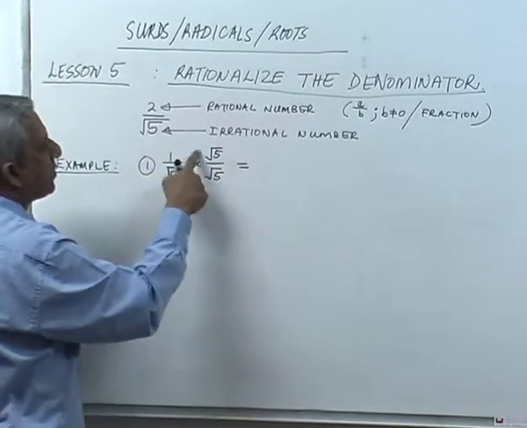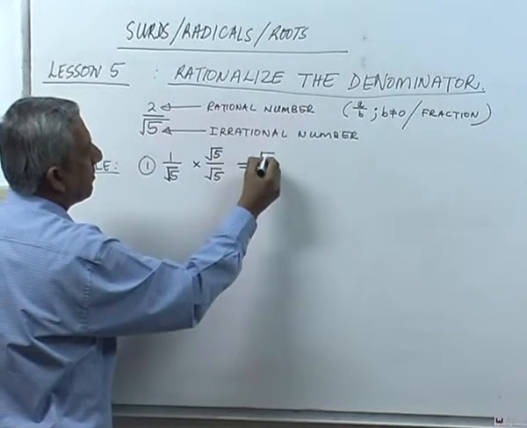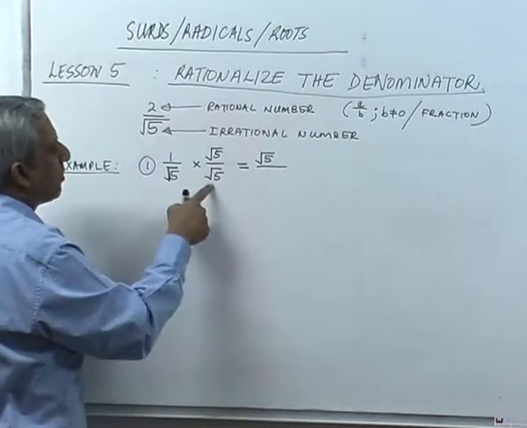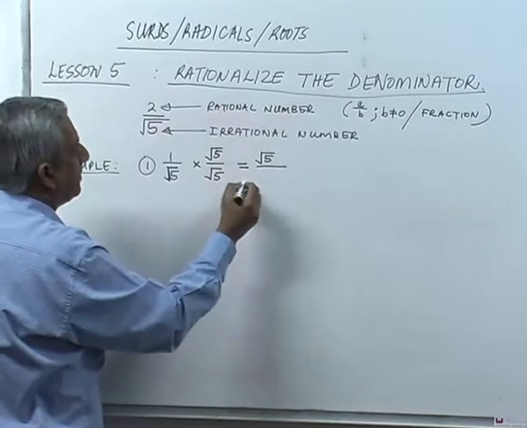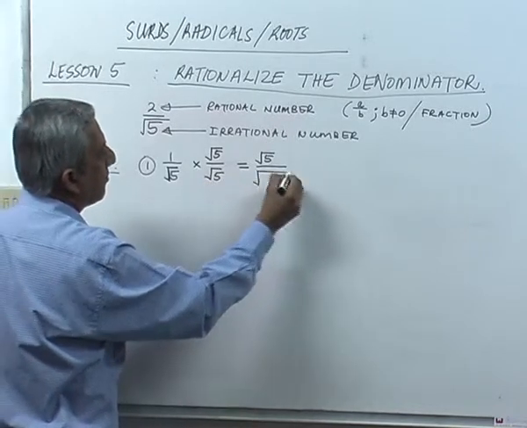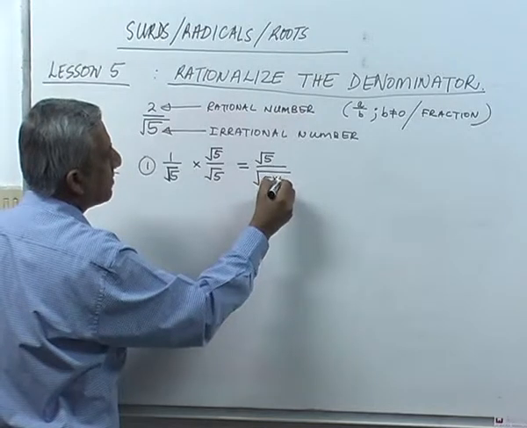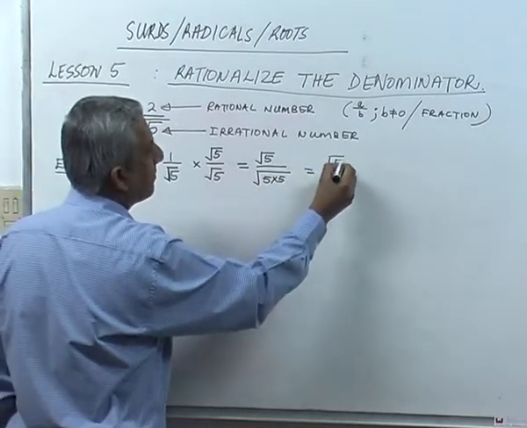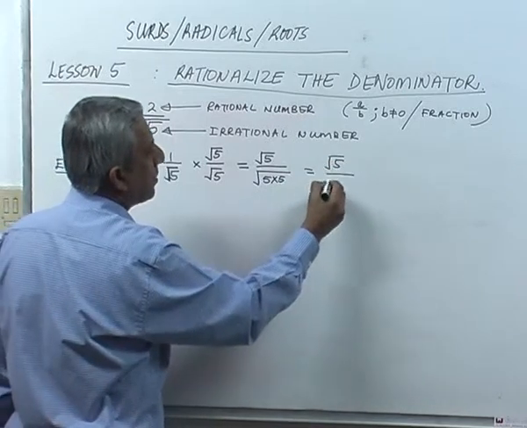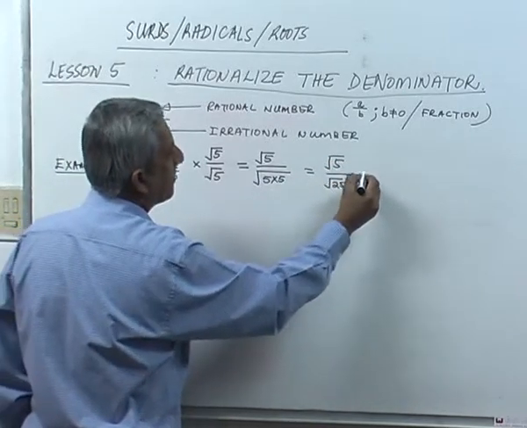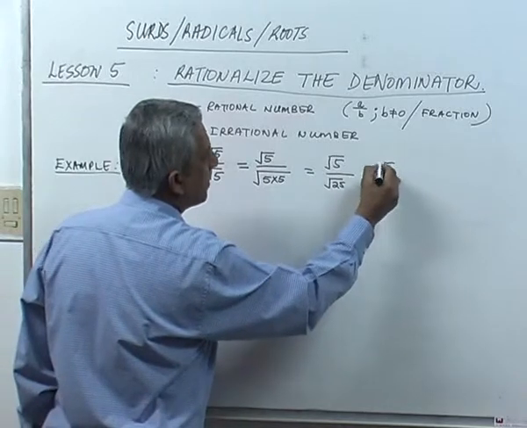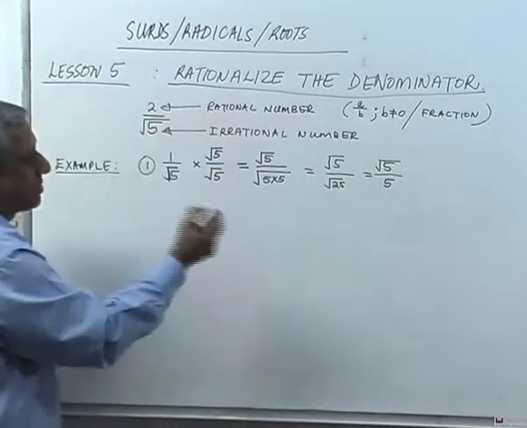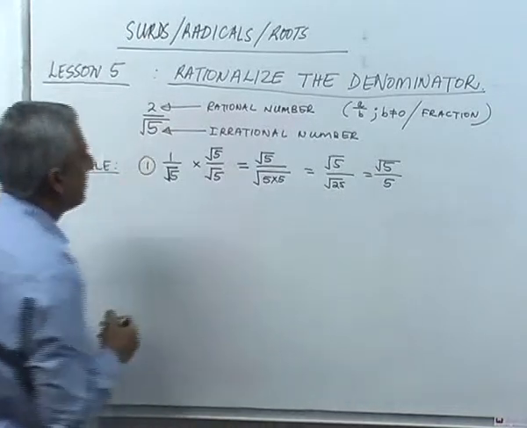Now, 1 times square root of 5 is square root of 5. In the bottom here, we got square root of 5 times square root of 5, which becomes square root of 5 times 5, which becomes square root of 5 over square root of 25, which is square root of 5 over 5, because the square root of 25 is 5.